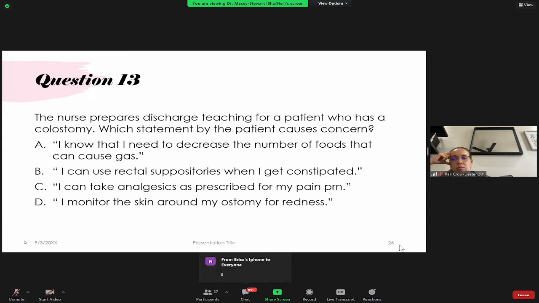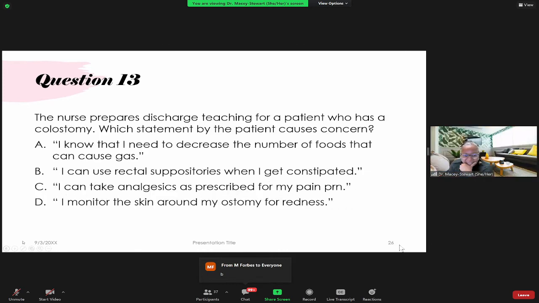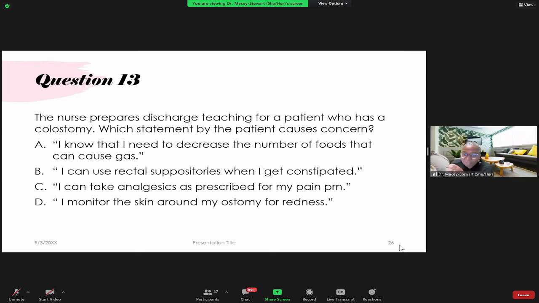That's Elizabeth. Does that make sense? The suppository not to use? Yeah, because it's not coming through there. And if they had a colostomy, it's because they probably had the tumor lower down, closer to the rectum.